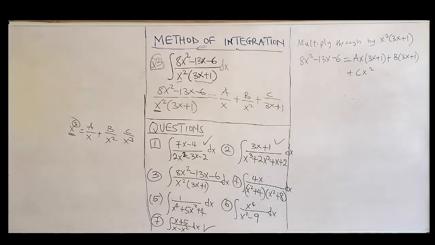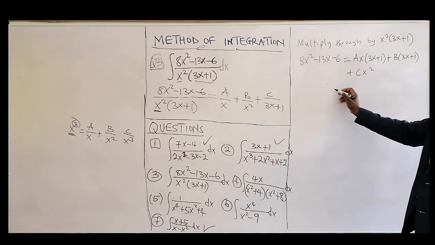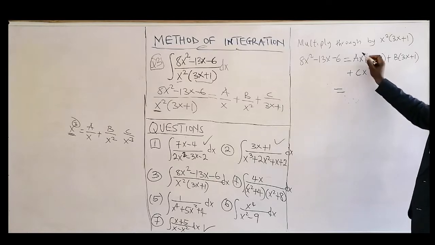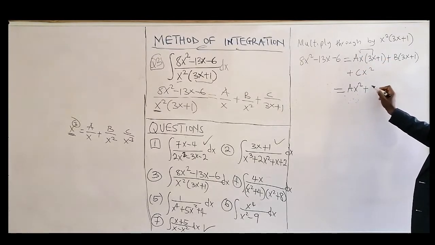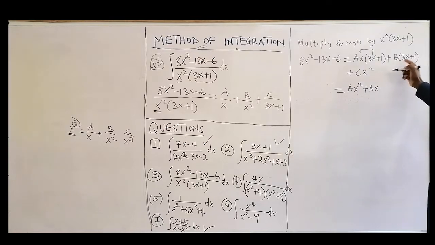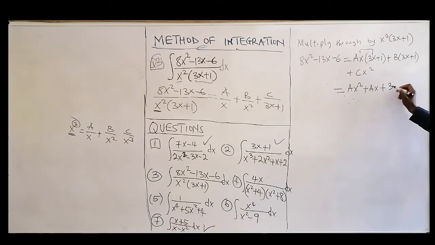I'm going to use equating of the terms. Let's expand the right hand side. This one times this one, I have 3Ax squared plus Ax, then plus 3Bx, then plus B, then plus Cx squared. So we can do the arrangements.